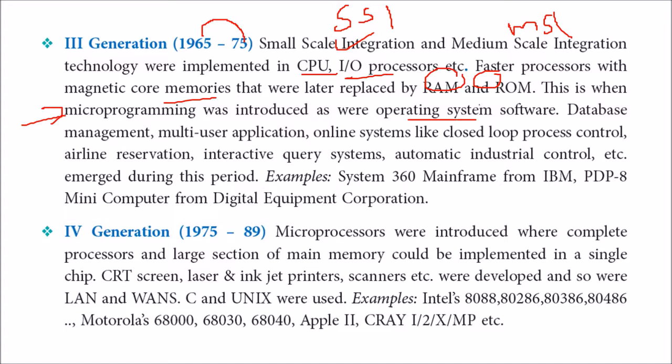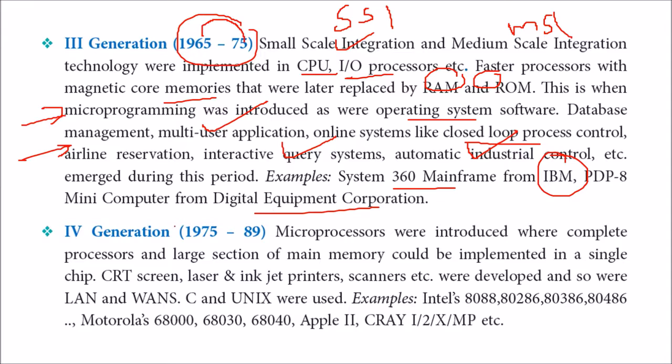Database management systems, multi-user applications, online systems like closed-loop process control, utility services like airline reservation, interactive query systems, and automatic industrial control all began in the third generation. The good and most popular examples were the System 360 mainframe from IBM and the PDP-8 from DEC, Digital Equipment Corporation.